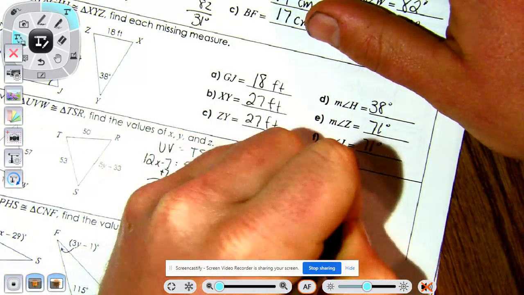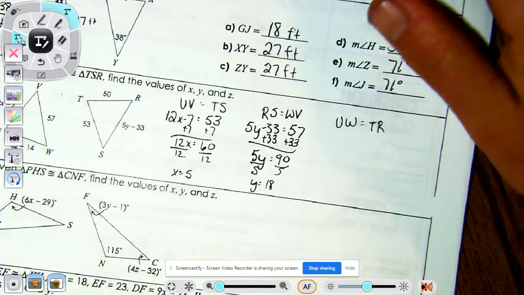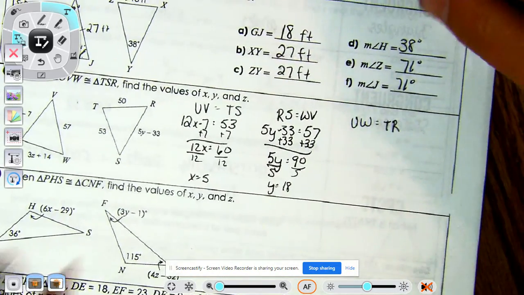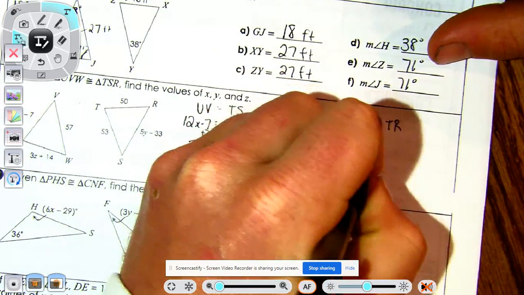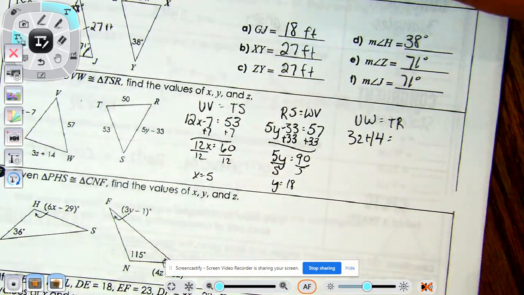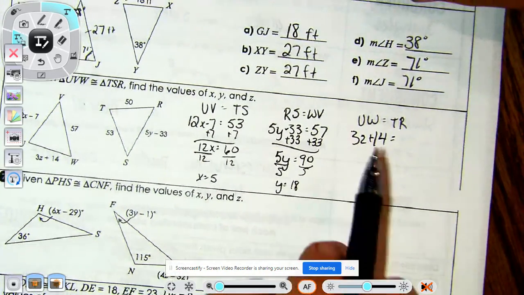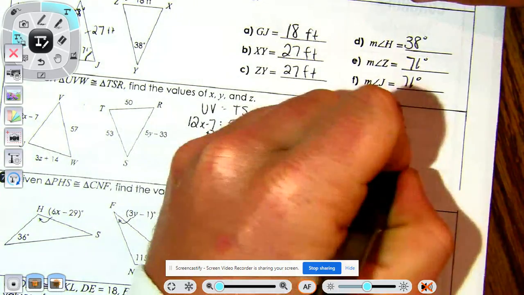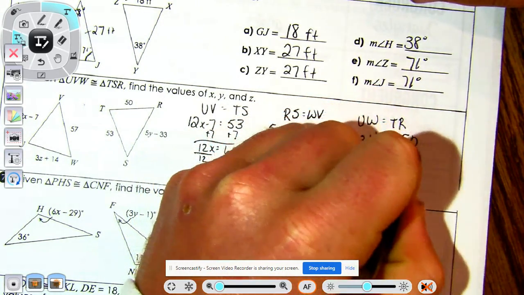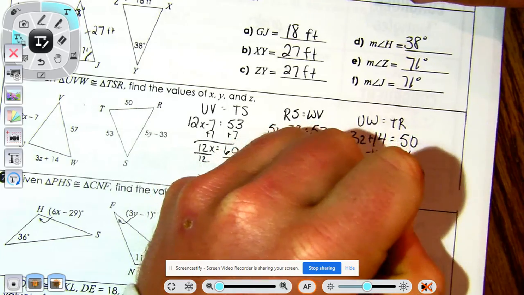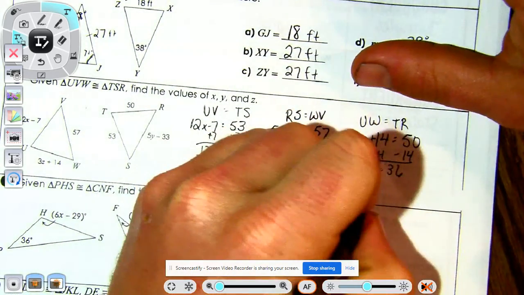And then I would plug in their values. 3Z plus 14 is equal to 50. Sorry, I lost my train of thought there. Subtract 14, 3Z is equal to 36. Divide by 3, Z equals 12.